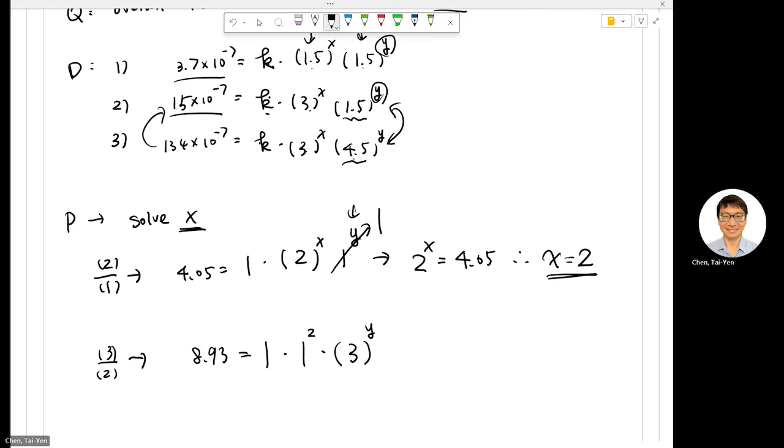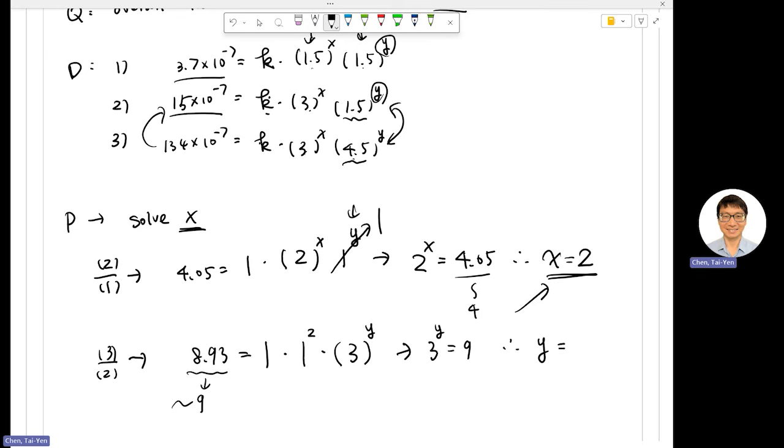And here 8.93 can be approximated into 9. Like here, we approximated this one into 4 so that we get the exponent of 2 for your X. So once you have this, you can solve 3 to the Y power equals 9.